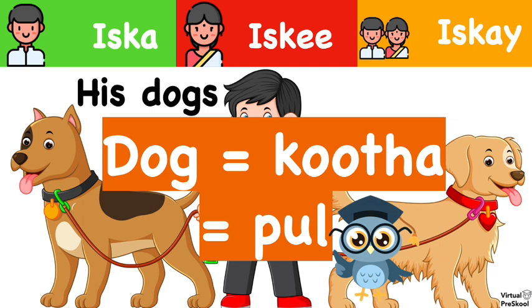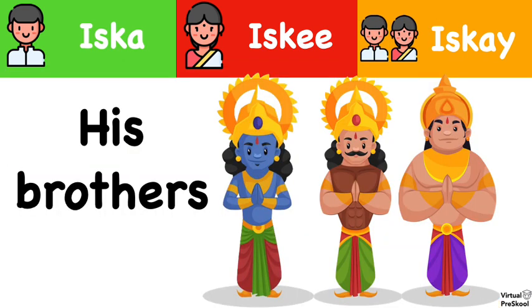So it doesn't matter whether the dog or cat or elephant you're talking about is actually male or female. What matters is whether the Hindi word for that animal is a pulling word or a stri word. And in this case, dog is kutta, which is a pulling word. So it becomes iske kutta.